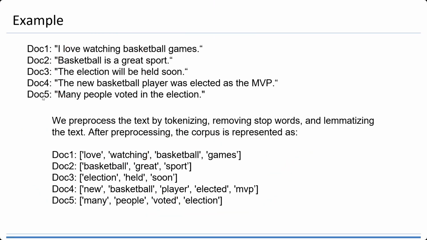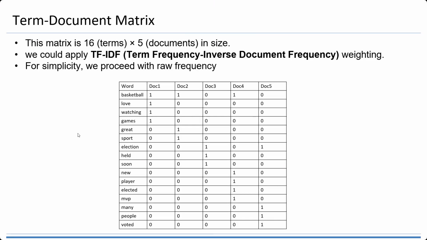Now, what you can do for LSA: first you need to make the term document matrix. You already learned about the term document matrix. The term is the row and the document is the column.